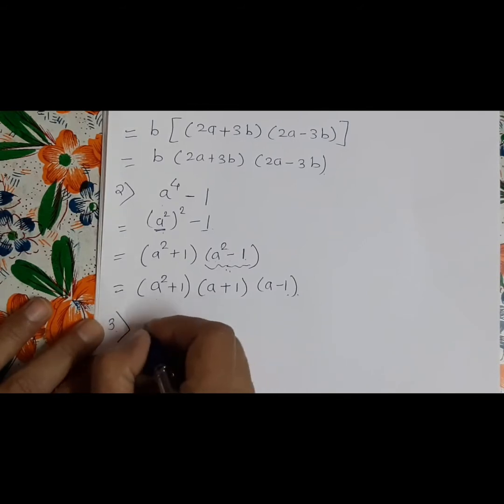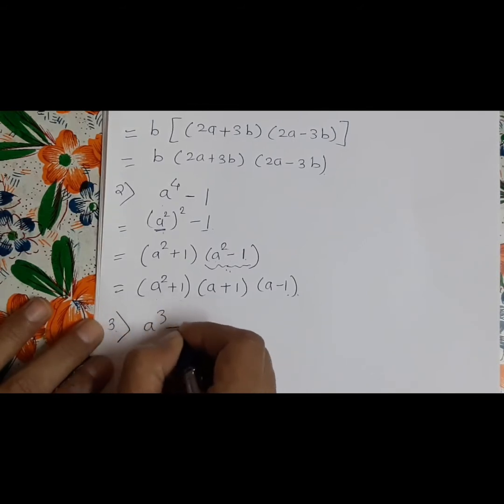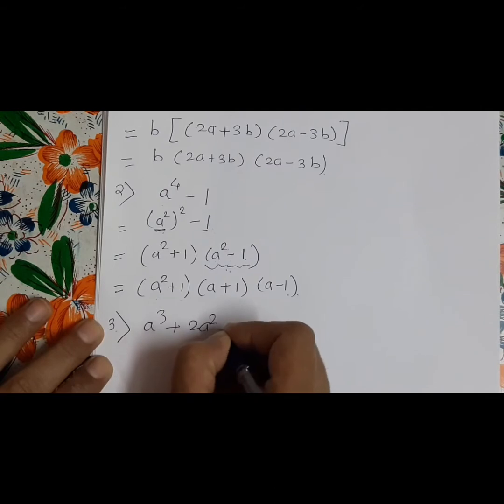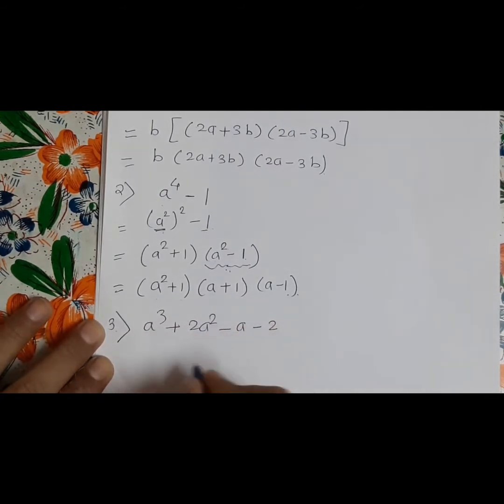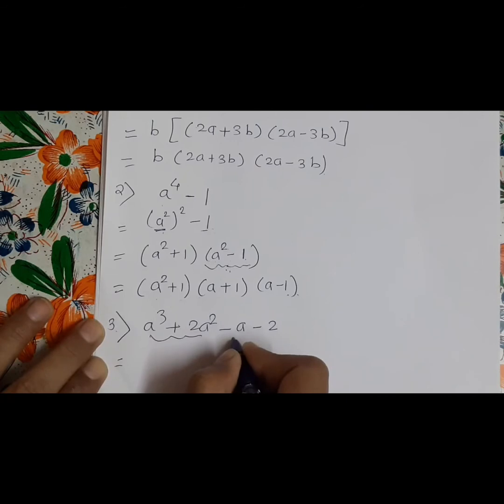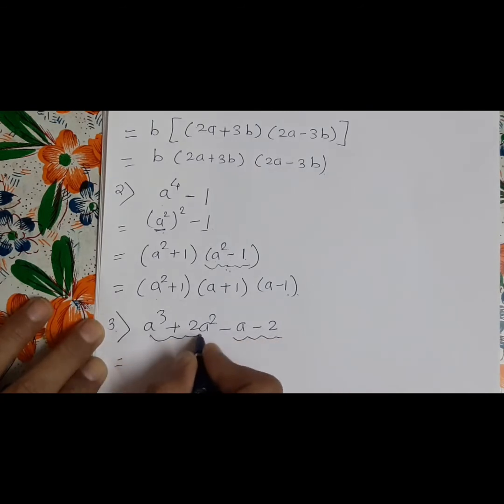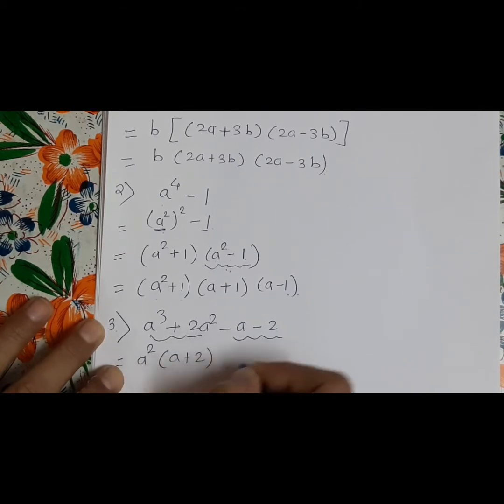The third example we can see here is a cube plus 2a square minus a minus 2. Now, if you apply the grouping method, take the group of the first two terms and the group of the second two terms. You can take a square common from the first group, so it is a square in front of the bracket a plus 2.